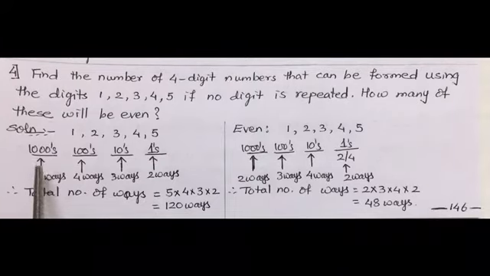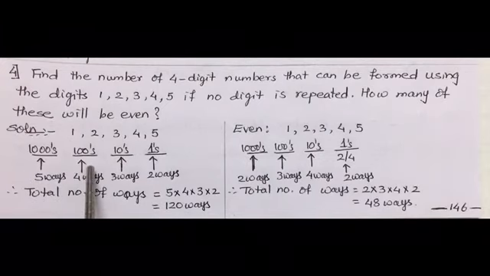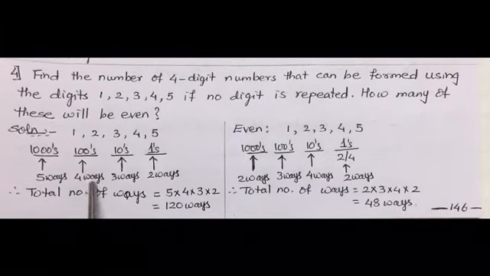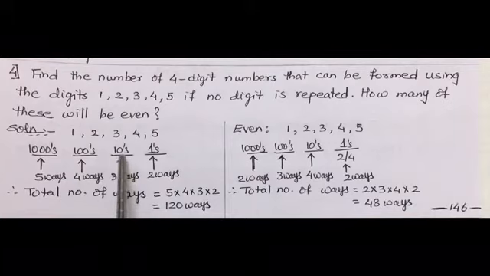For the first place, there will be 5 alternatives. As repetition is not allowed, for the second place 4. Likewise, for the third place it will be 3 alternatives, and for the last place it will be 2 alternatives.